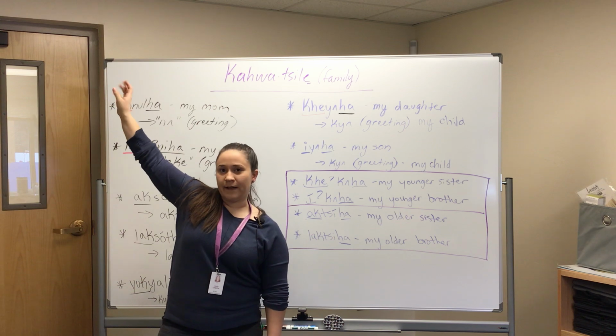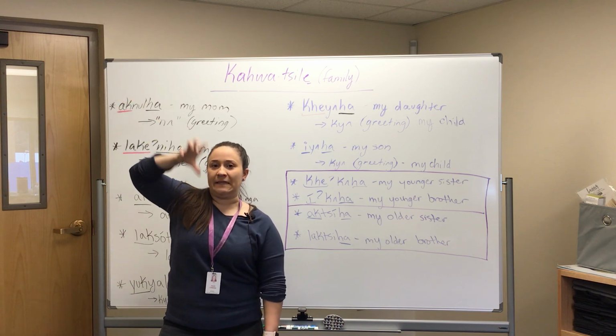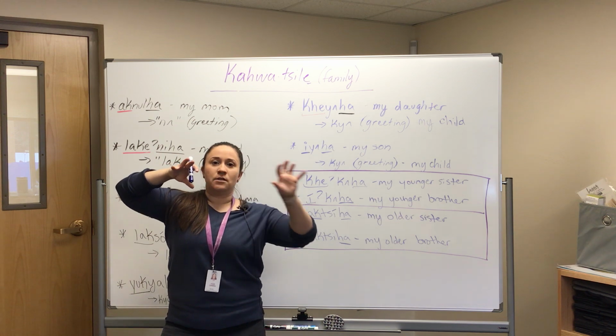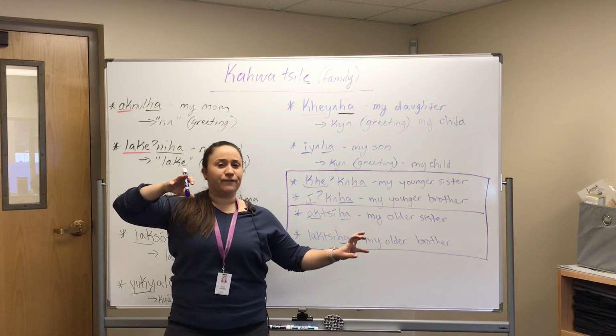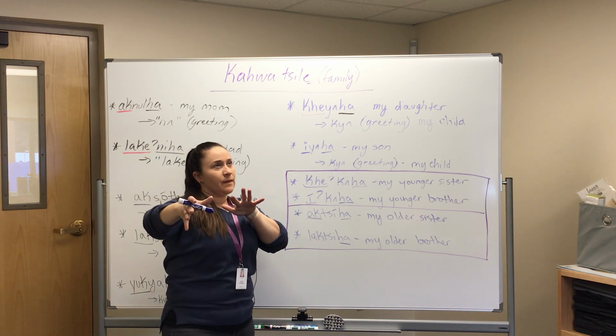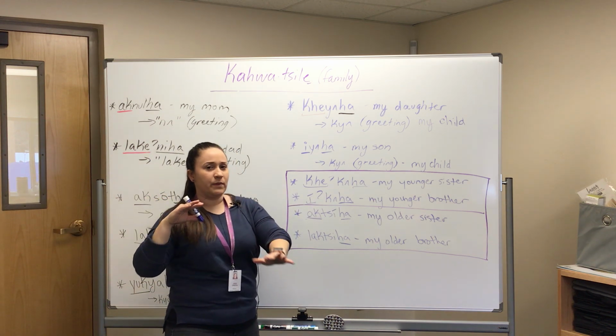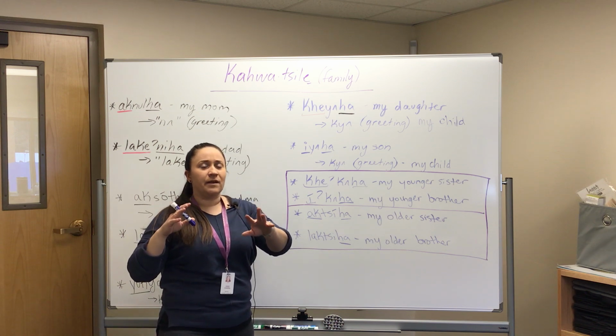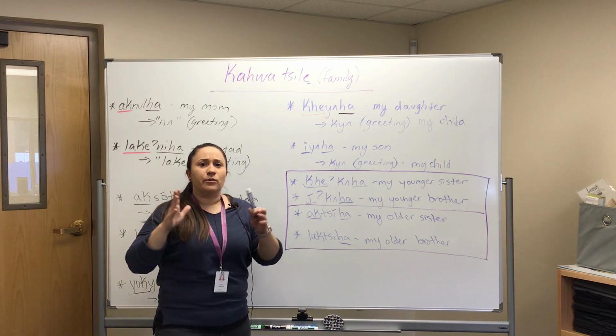So this person that's older than me, it's her to me. That's where the pronoun is coming from. Now if it's a younger sibling, it's me to her. I would say from my perspective that demonstrates acknowledgement and respect of that position within your family.